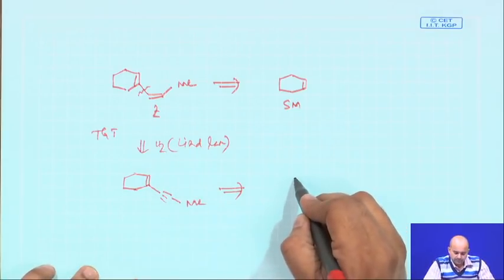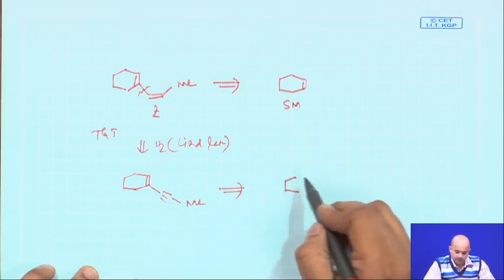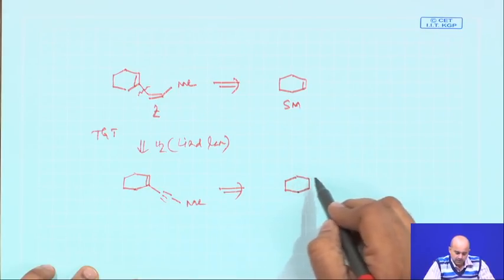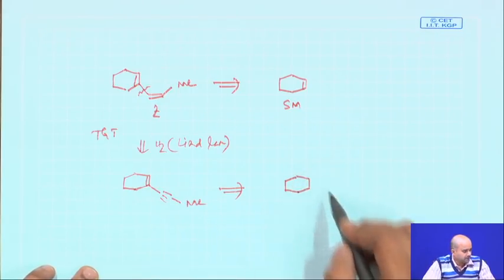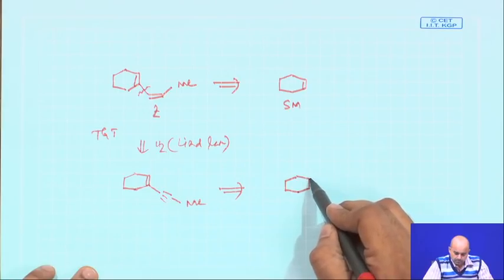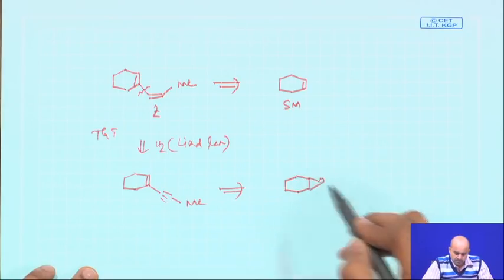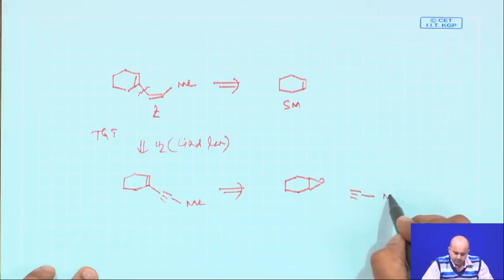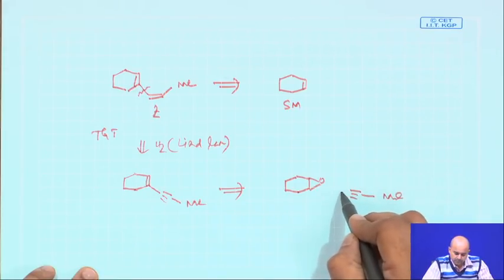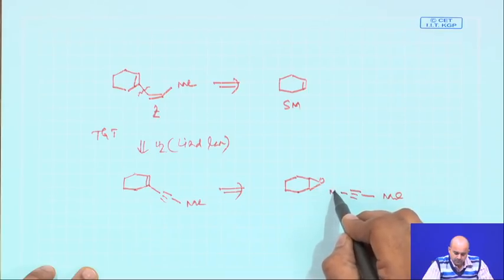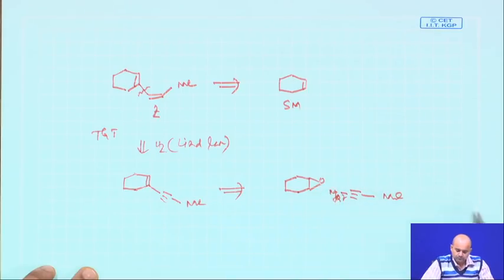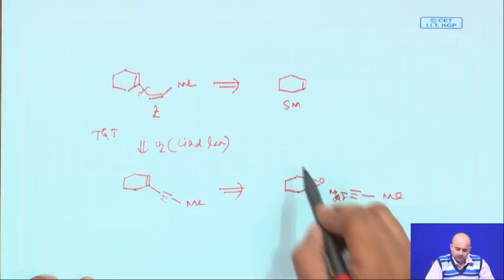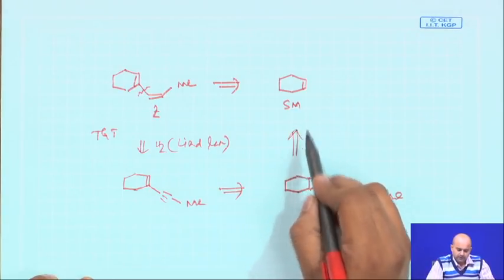Now, you see this particular alkyne appendage you can easily create if you have an alkynyl MgBr, and this you can easily construct from this cyclohexene.